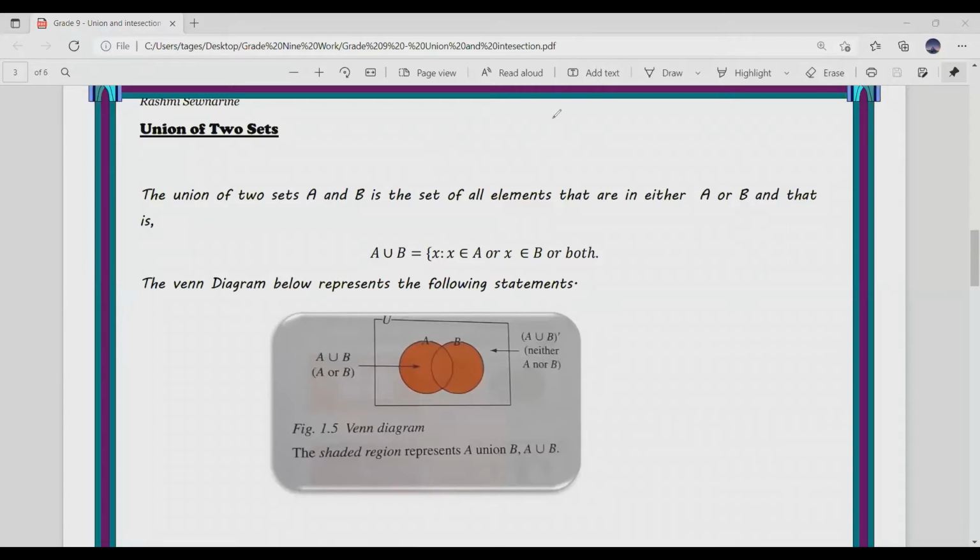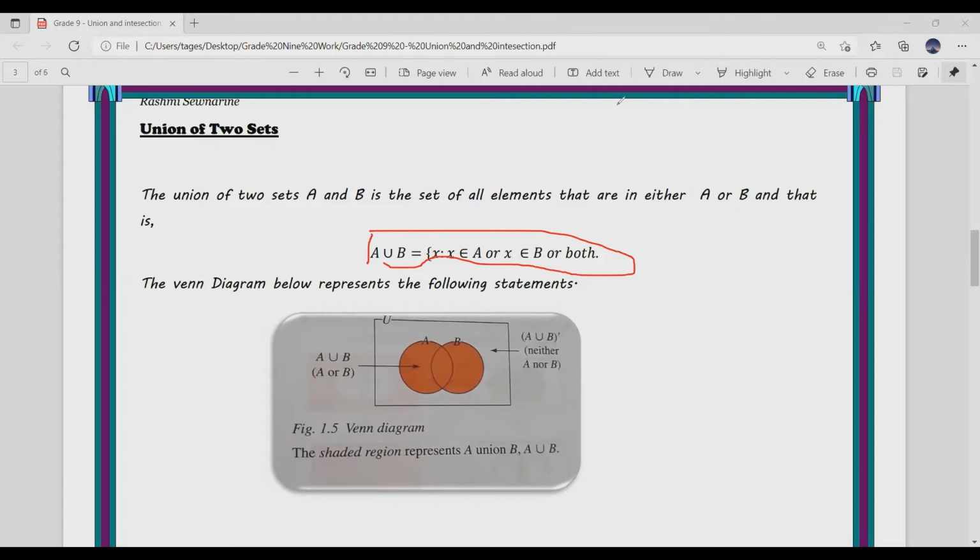Good. So the union of two sets, A and B, is the set of all elements that are in either A or B. That is, this comes back here again, the same set builder notation we encountered before. A union B is X such that X is an element of A or X is an element of B or both.